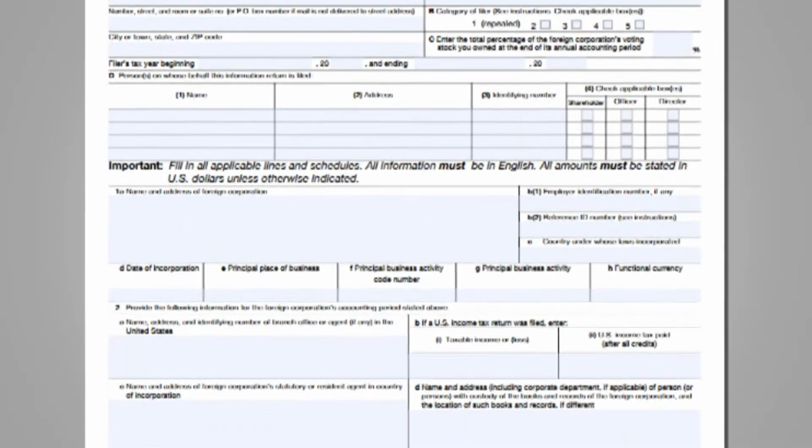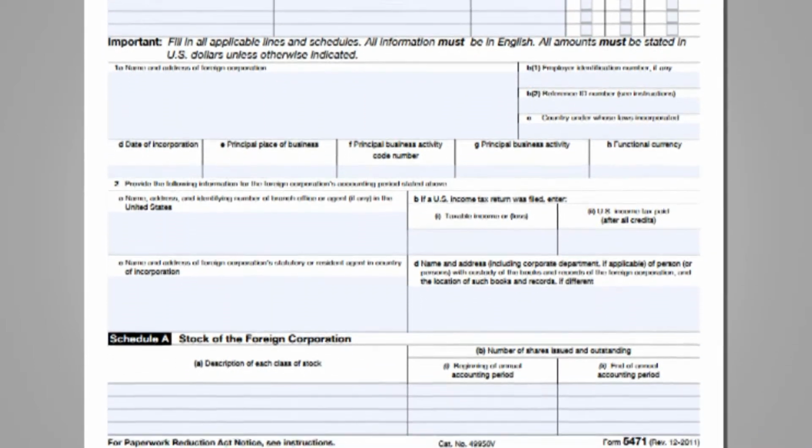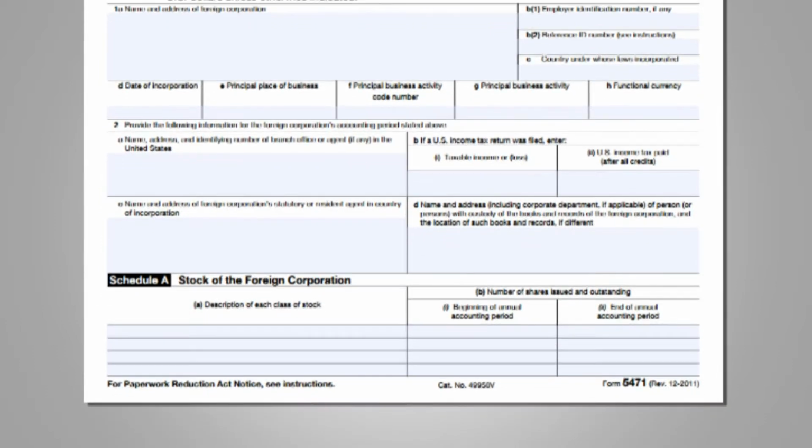And a foreign corporation can be a very effective tax planning tool. So the IRS wants to have that information on hand to make sure that they can do their own homework to see if you're abusing that structure. The type of information they're looking for, for the most part, is very basic. What you have to do is understand that there are different categories of filers.